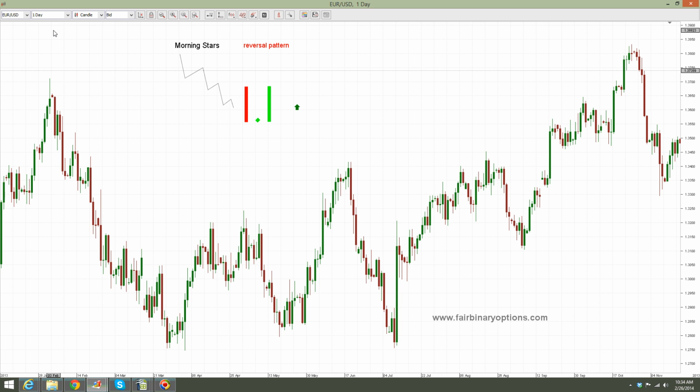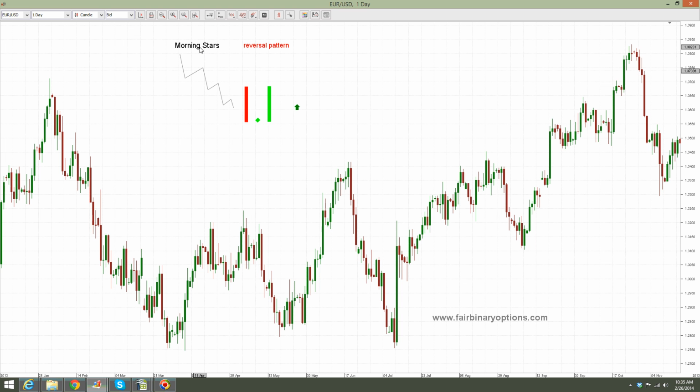Now, all these stars, the bullish or bearish reversal patterns, basically represent a battle between bulls and bears. So don't expect that after such a pattern price will jump and move aggressively only to the upside. This happens also, but you should look for buying the call option somewhere on the 50% retracement of such a pattern.